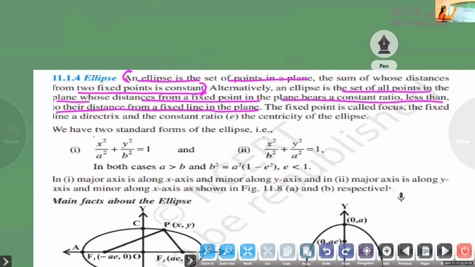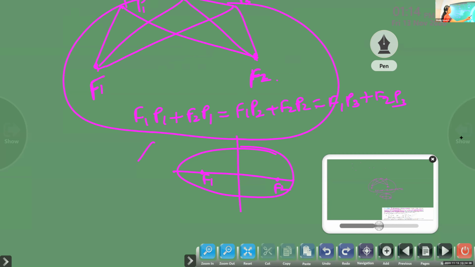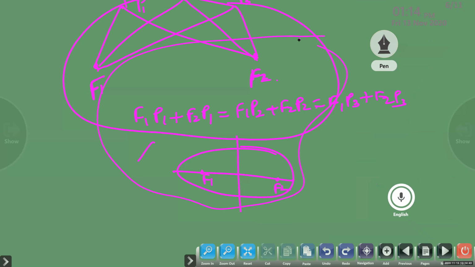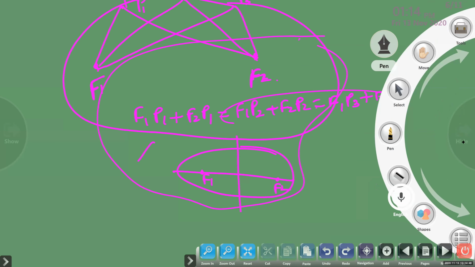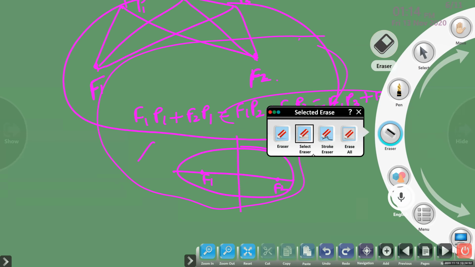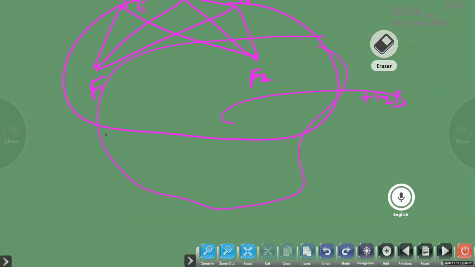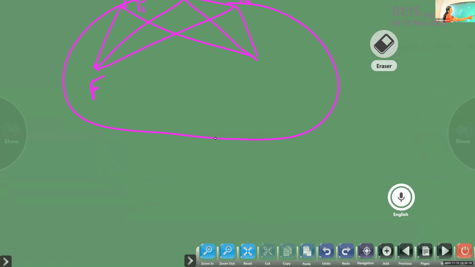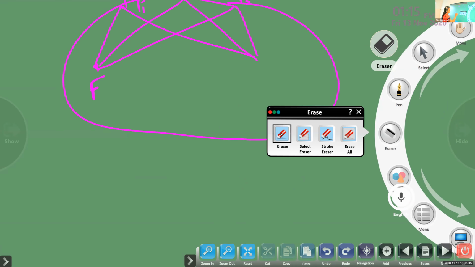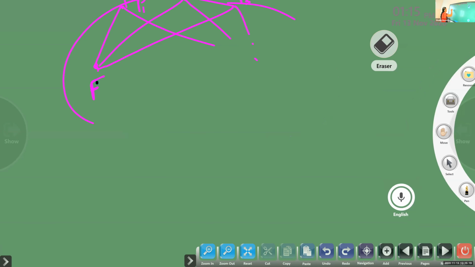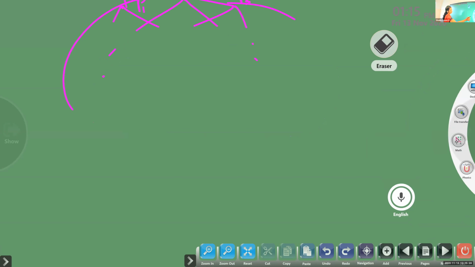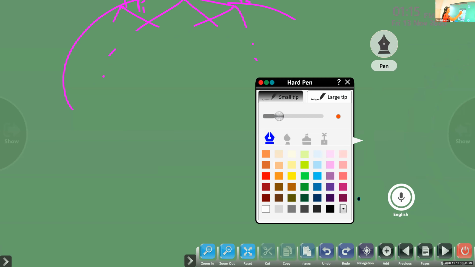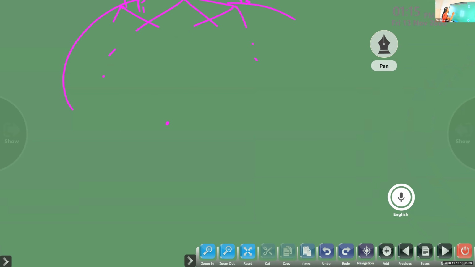Okay, so what is given? You are given two fixed points F1, F2.